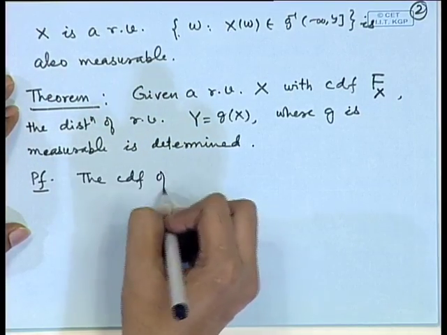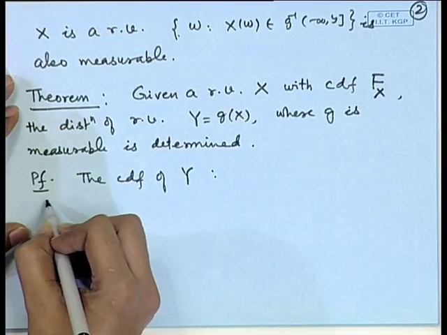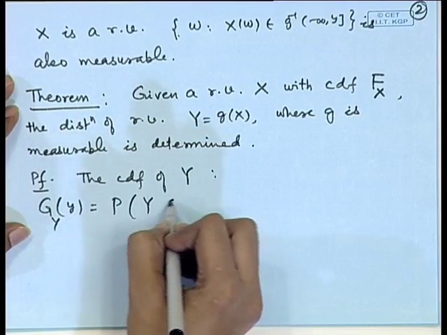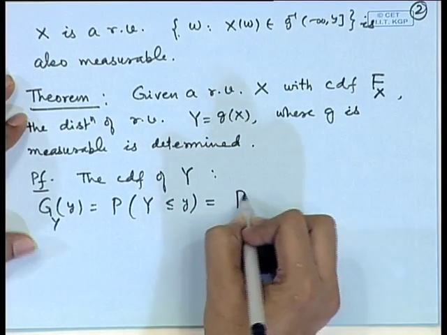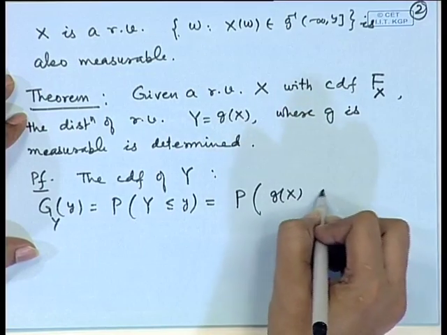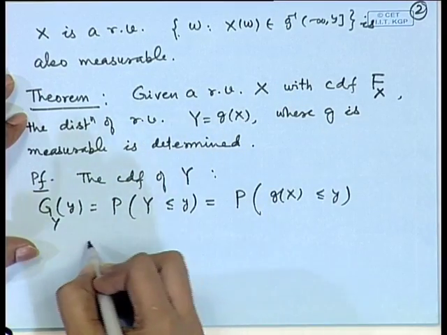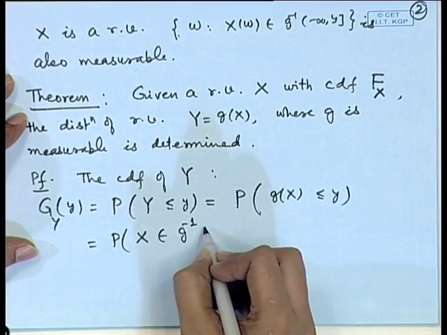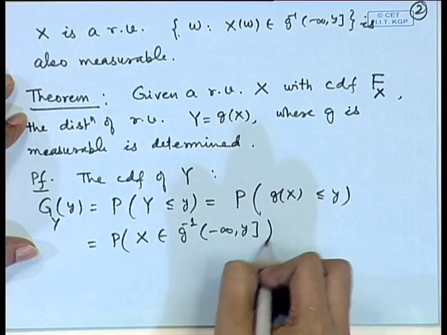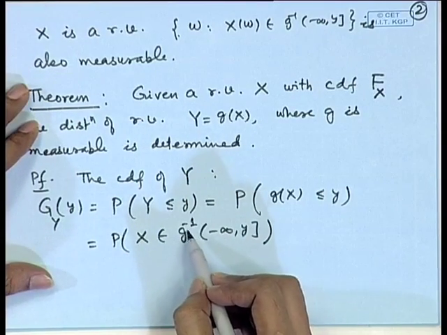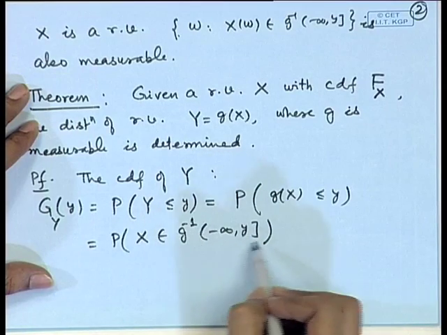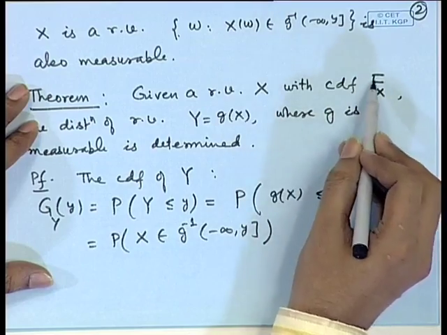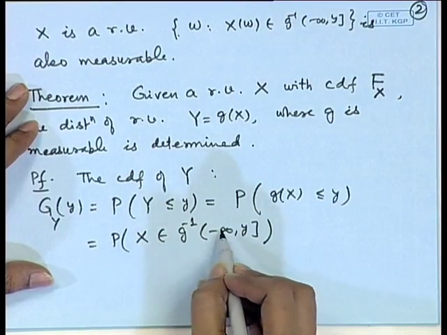So, let us consider the CDF of Y. Let me use the notation G(y), that is probability of Y less than or equal to y. Now, this is equivalent to probability of g(X) less than or equal to y, which is equivalent to probability of X belonging to the set g inverse of minus infinity to y. Now, g inverse of minus infinity to y is a measurable set, and the probability distribution of X is well defined. Therefore, this probability can be determined.